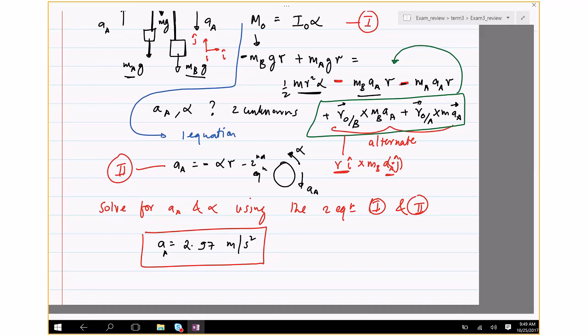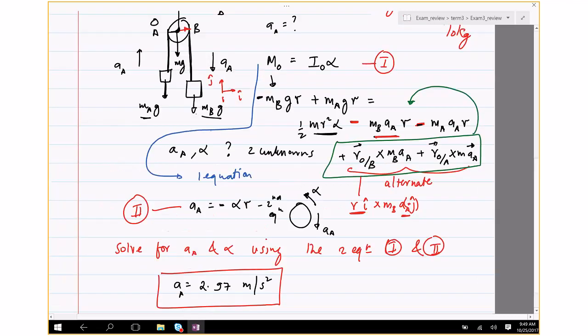Any questions on this? Why is MB times alpha R negative? You're saying this one? Yeah. Okay, so MBAA is this way, right?